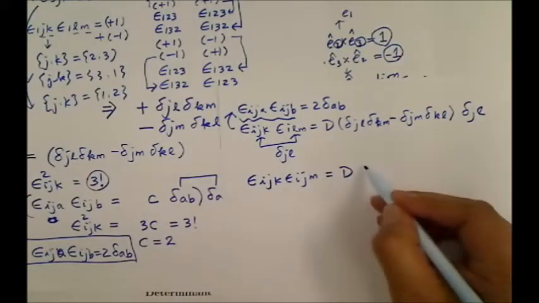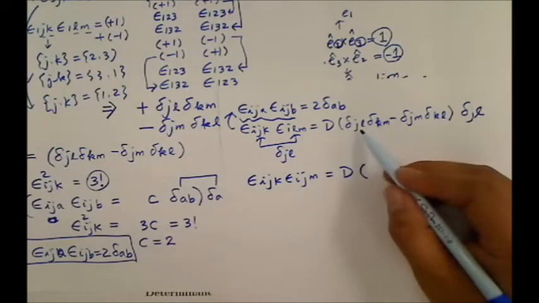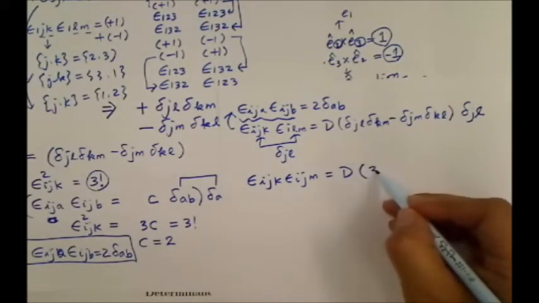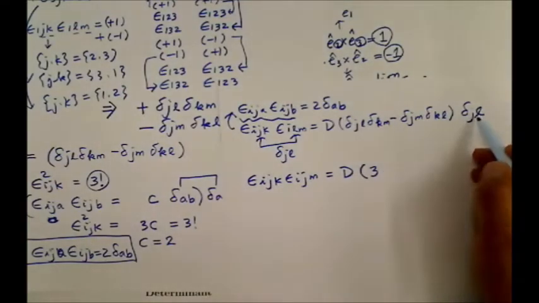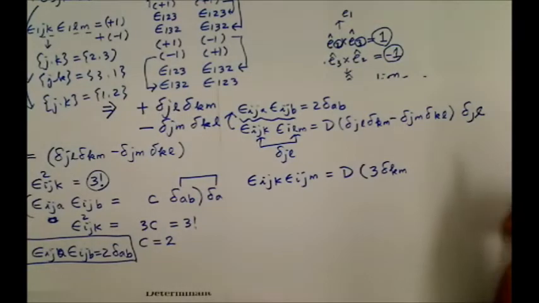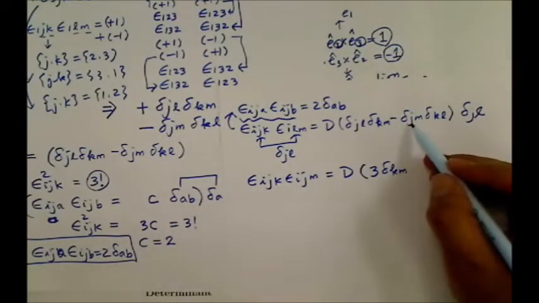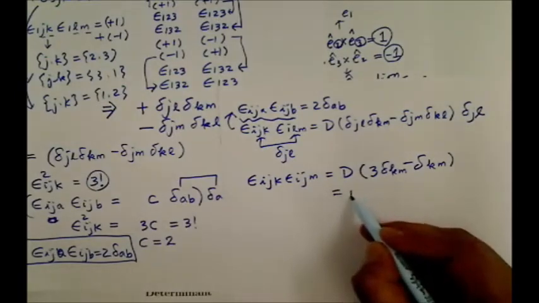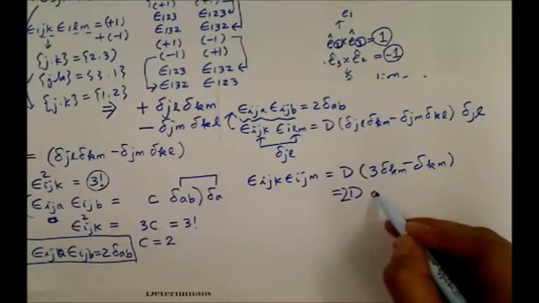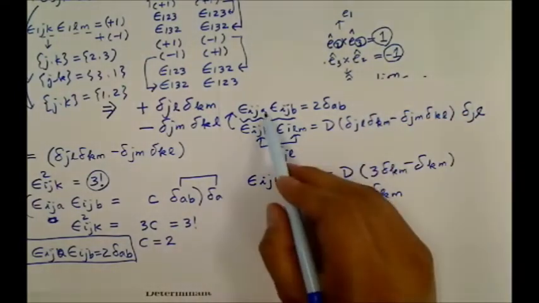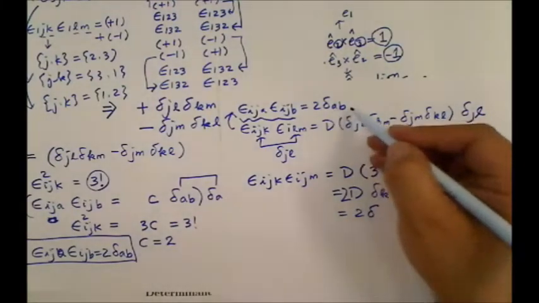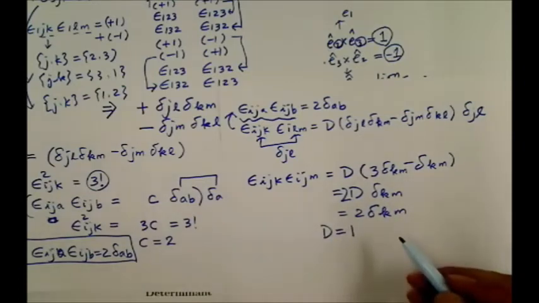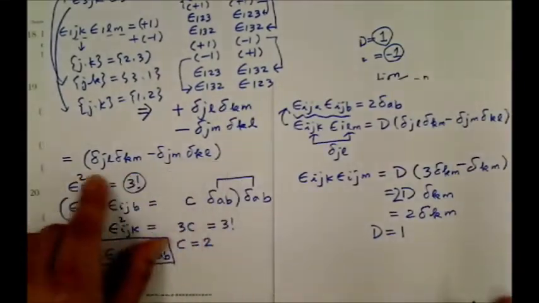And the right side becomes, with JL multiplied here, delta JL delta JL is just 3, times delta KM, and the other term is connected, so minus delta KM. That is 2D delta KM. From this, one should be 2 times delta AB, with AB replaced by KM, so delta KM. Therefore, I would obtain D equals 1. Thus, our formula has the correct normalization.